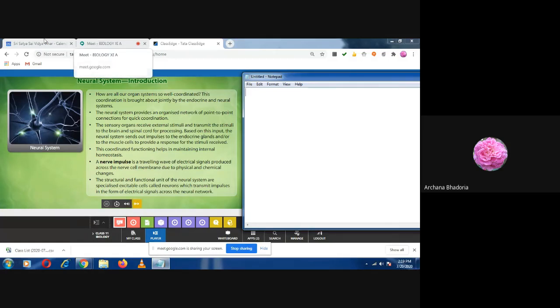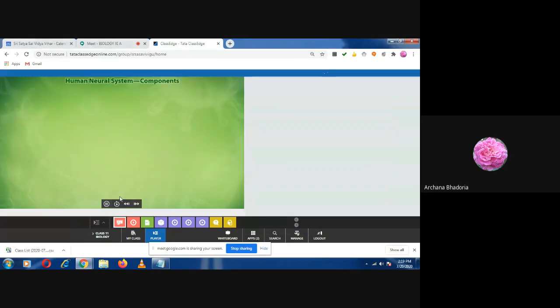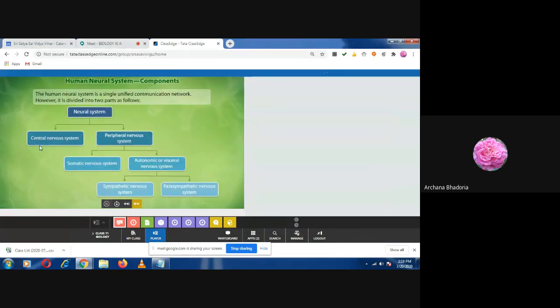Now we'll take up the next thing, human nervous system components. The nervous system is divided into the central nervous system and the peripheral nervous system. So take down this thing, everyone. The central nervous system includes your brain and the spinal cord.